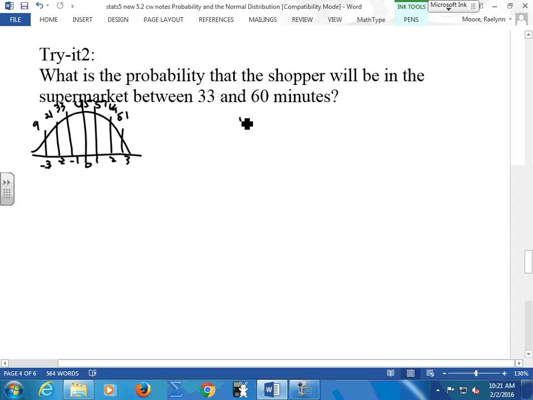So your probability statement says, with the probability that the shopper is not your z-score, your shopper is your x. They were between these minutes. So start like this, between 33 and 60.